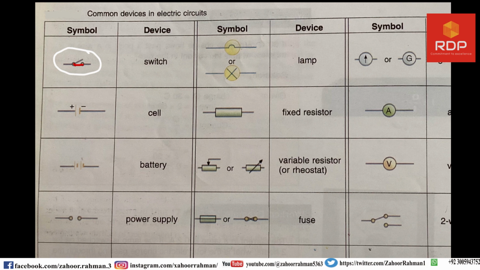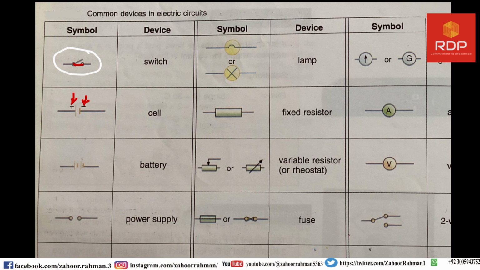Immediately after this topic in today's lecture, we will see the practical usage of this switch symbol, what it is doing. Now the second symbol is a cell. There is a negative terminal and there is a positive terminal. So this is a cell which we use very frequently in electric circuits.